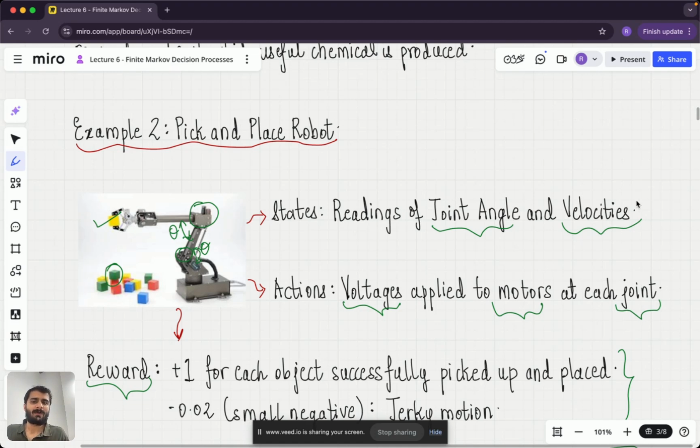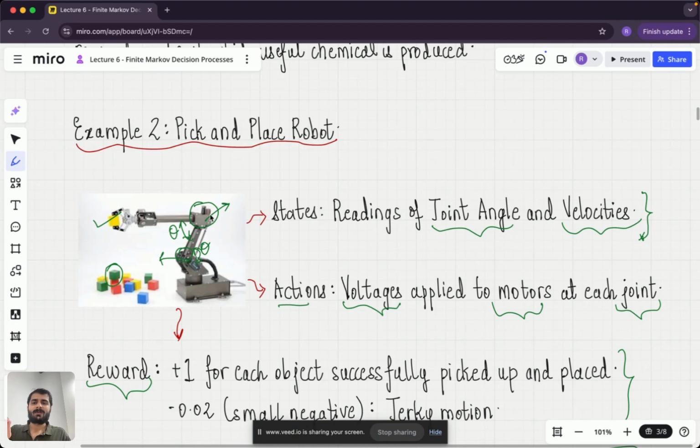So these are the information I'm getting from the environment, which is the angle of these joints and the rate at which these angles are changing. And then actions are the voltages which I apply to the motor at each joint. There is one angular motor which is present at this joint, and there is a motor present at this joint.